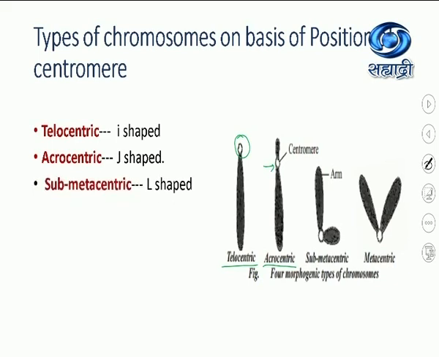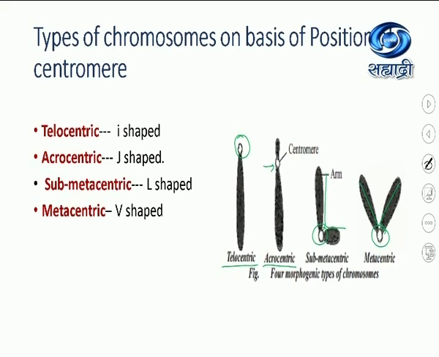The next type is submetacentric. The centromere is towards the center. These words are important because in MCQs they will be using these words only. When it is towards the center, it appears L-shaped. Look at this picture, L. One arm is short, one arm is long, and this is called submetacentric. The 4th type is metacentric. The centromere is at the exact center. The 2 arms are equal and it appears V-shaped.